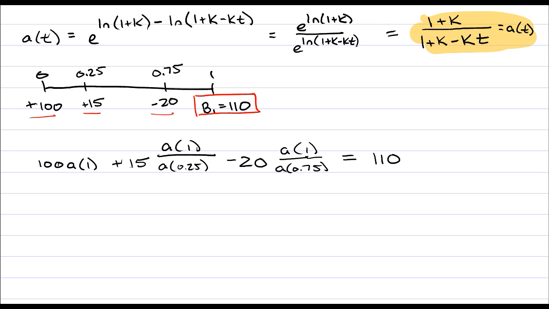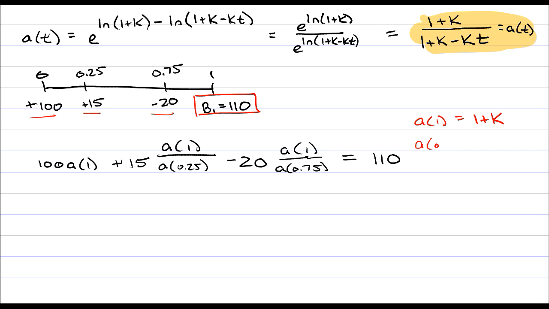So I should calculate the value of my accumulation function at these specific numbers, a of 1, a of 0.25, and a of 0.75. I'm going to do that over here on the side, and this is pretty straightforward. You can just check my work on this, but a of 1 is equal to 1 plus k.